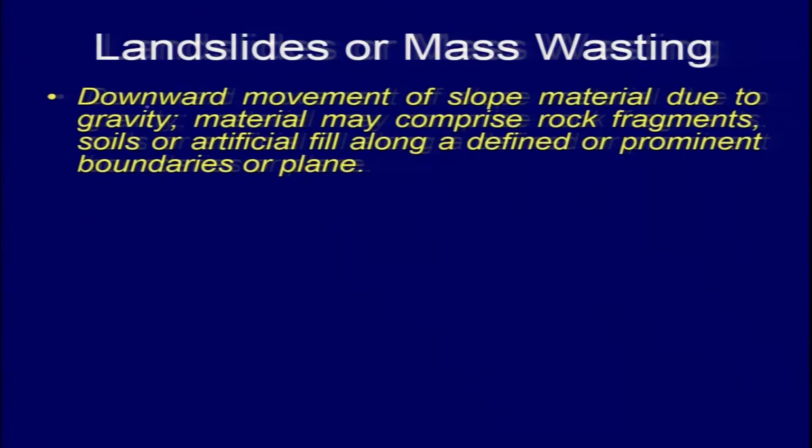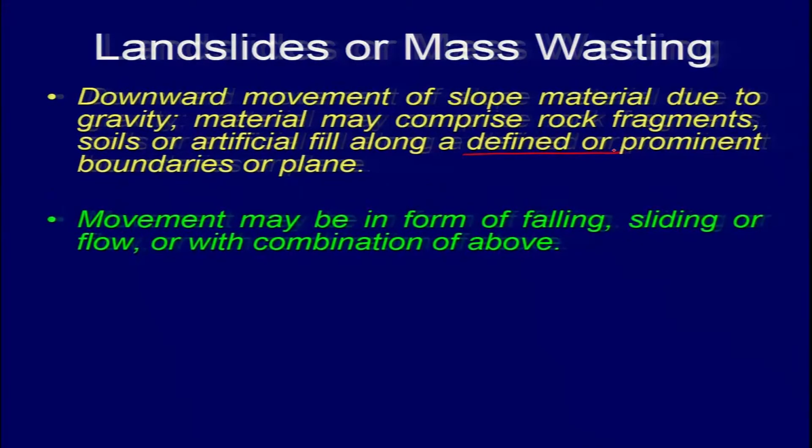So let us see what this means: the downward movement of slope material due to gravity. Material may comprise rock fragments, soil, or artificial fill along a defined or prominent boundary or plane. So the movement will occur along a defined plane. Movement may be in the form of falling.